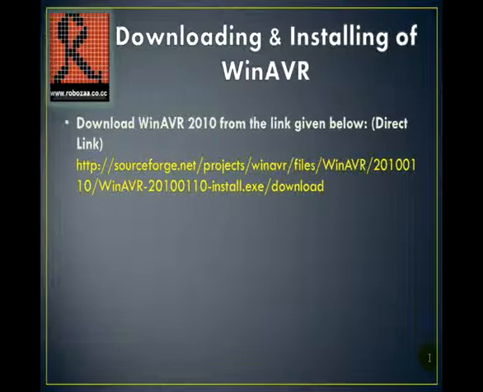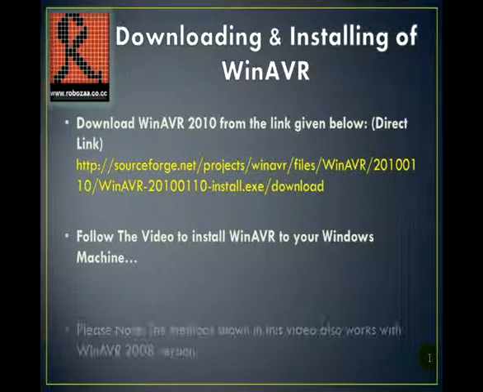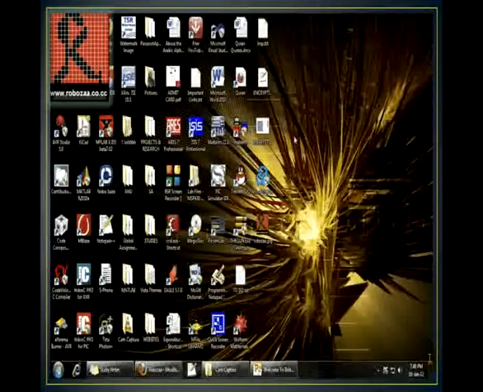So that's why I recommended Atmel's product. Anyway, if you follow the video you will know how to install WinAVR and use it on your Windows machine. But please note that this tutorial will also guide you through the necessary process for WinAVR version 2008 also. It does work on 2008 also.